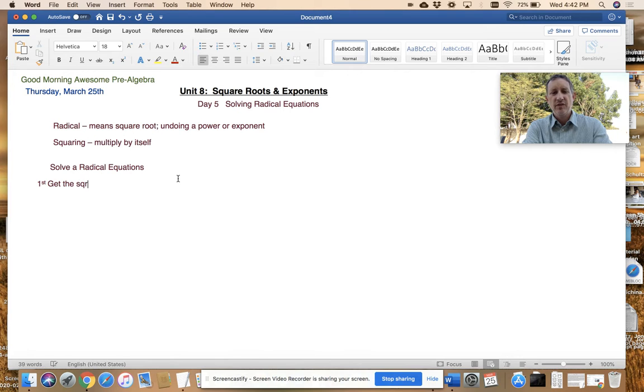I'm just going to put SQRT, that means square root. Get the square root by itself. In other words, you're going to solve for the square root.